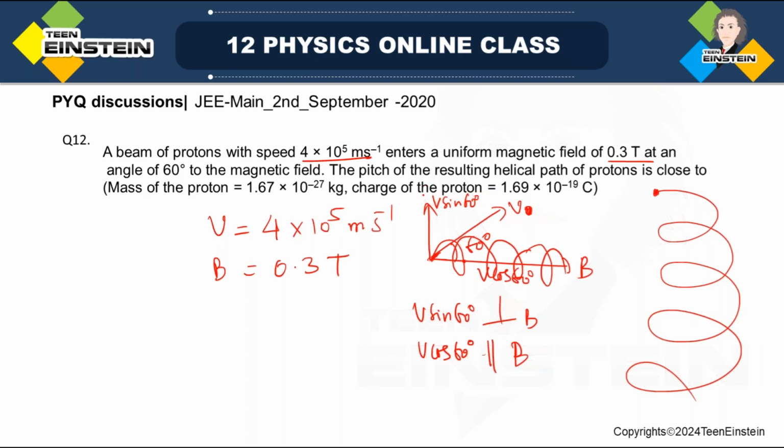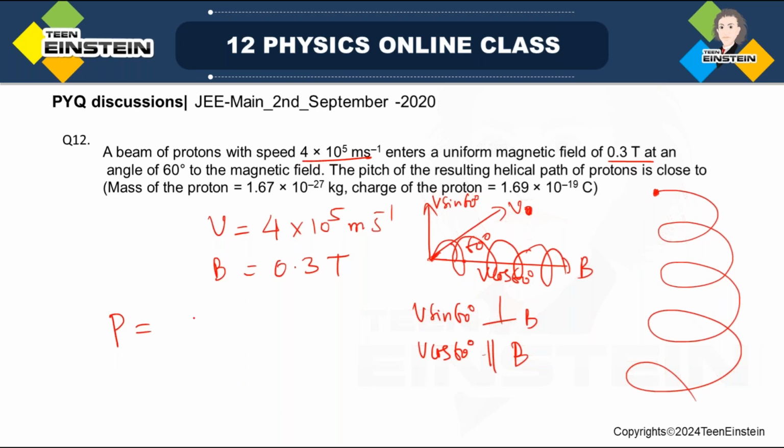So here the question is, the pitch of the resulting helical path of protons is close to, you have to find out the pitch. Pitch is the linear distance it travels in one time of revolution. By the time the charged particle makes a complete revolution, it moves in the forward direction.